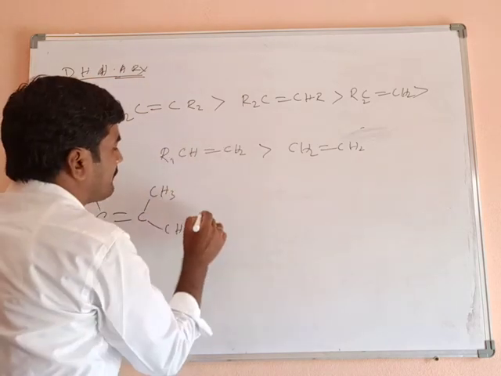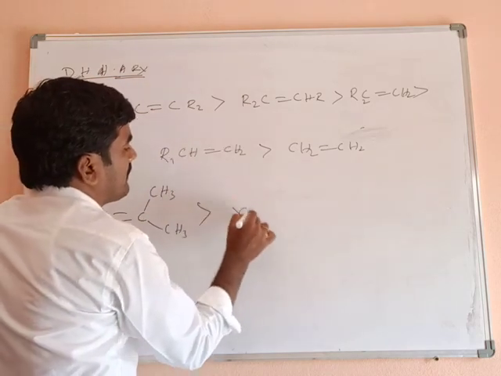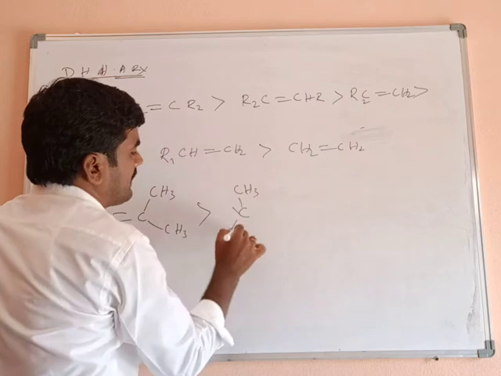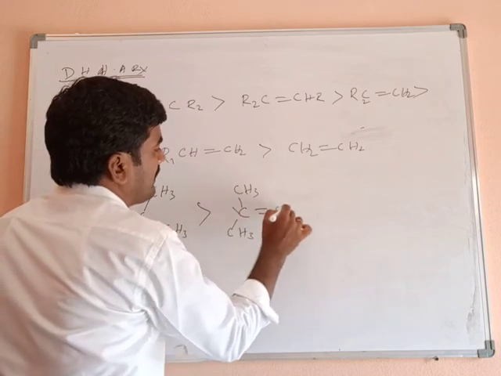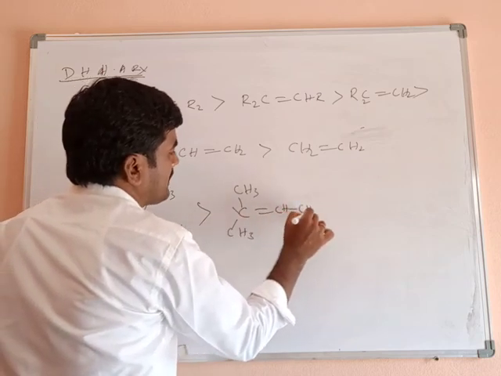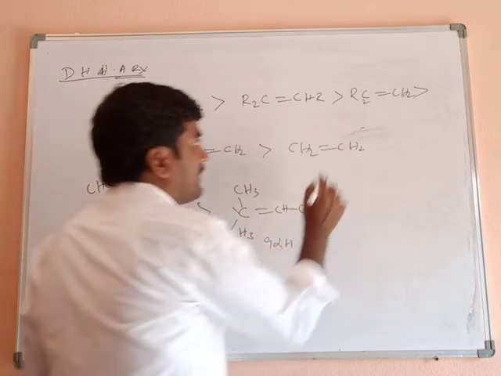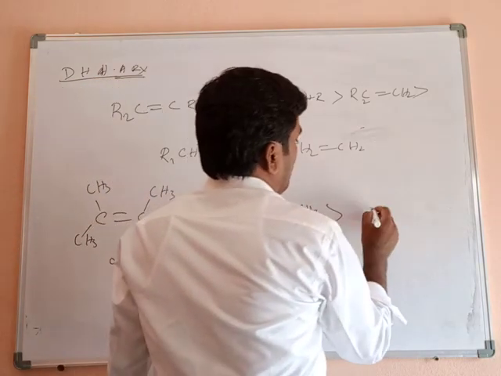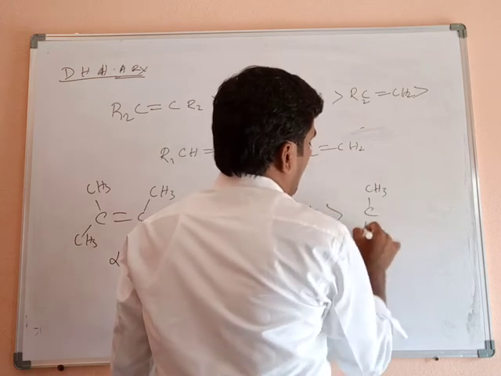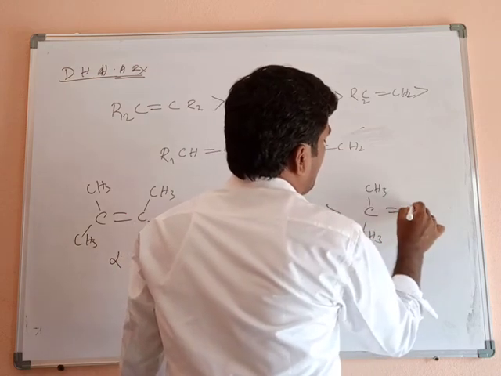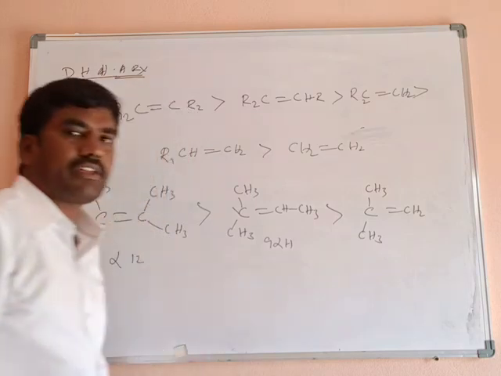What about the second one? C single bond CH3, single bond CH3, double bond CH, single bond CH3. How many are there? 9 alpha hydrogens are there. Next one, CH3 double bond CH2. How many alpha hydrogens are there? 6 alpha hydrogens.